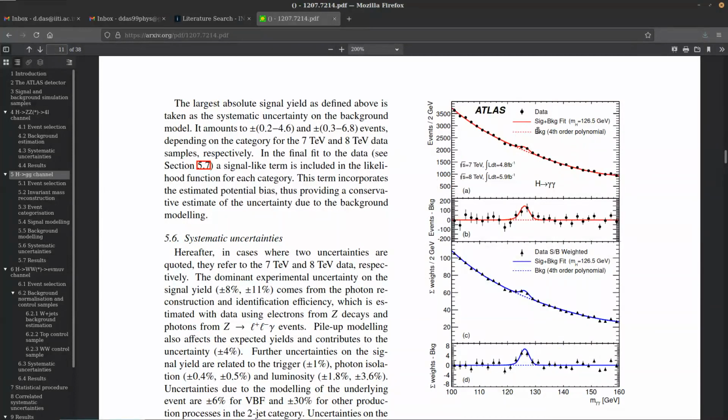So you only concentrate on the background, the dashed line. And this is your data. So remember the scale here, events per 2 GeV. Okay. So here in this bin, for this black dot, at 125, the expected was 2000 events, and actually you have observed 2300 or something like that.